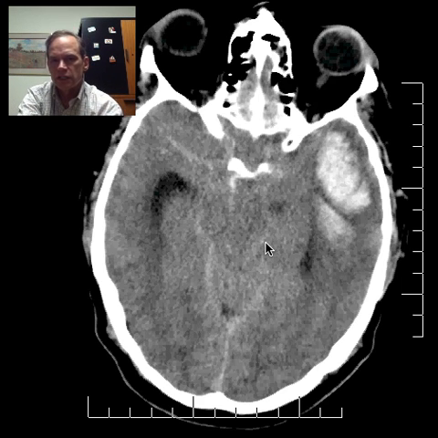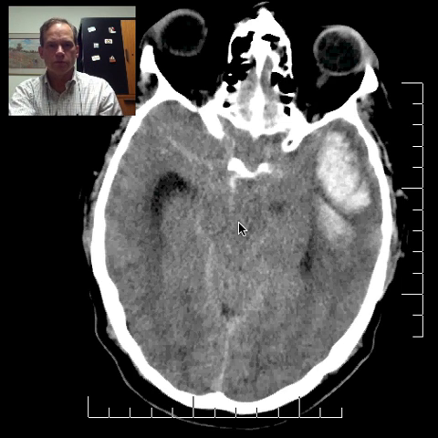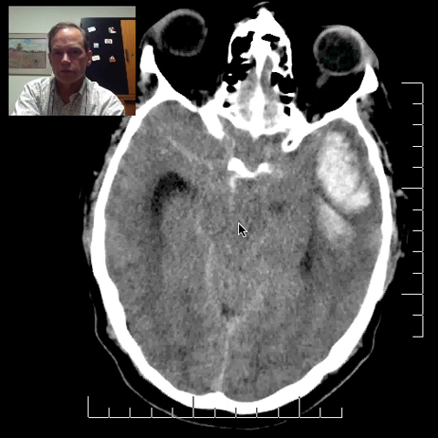And I know it's probably very hard if you haven't looked at many of these cases, but this is a line defining temporal lobe from cerebellum. And usually, you remember, we can see that very nicely because there's fluid intervening there too. Here's the left temporal lobe, and it has moved medially.